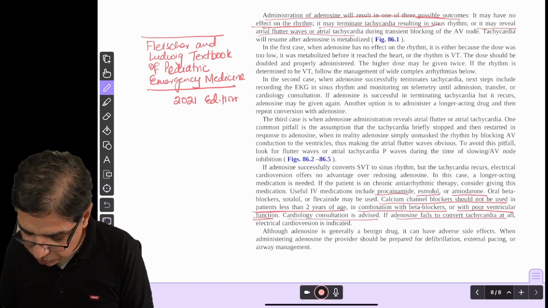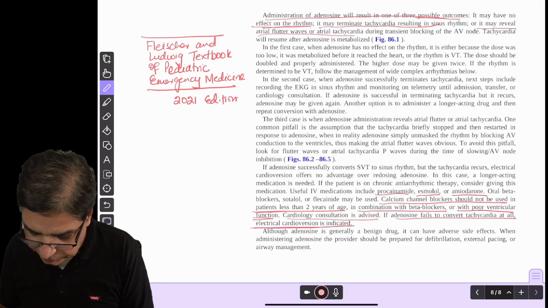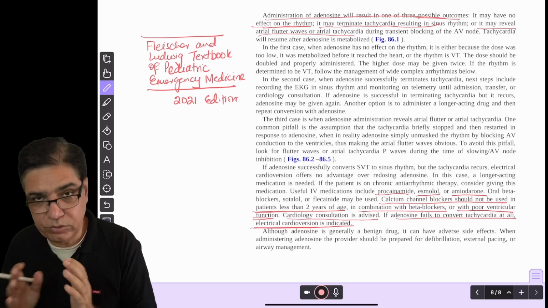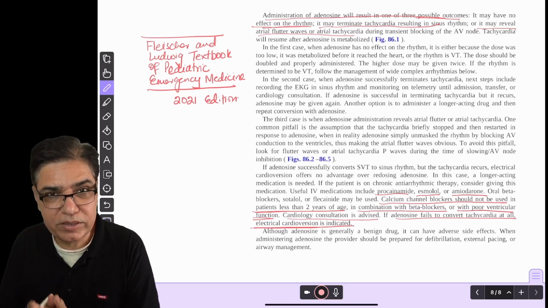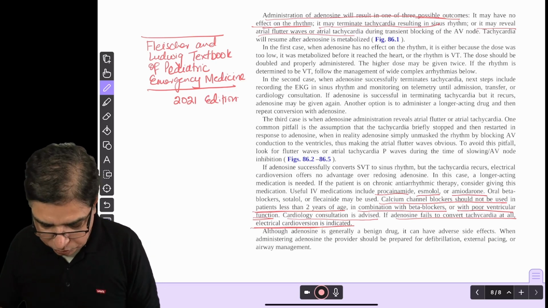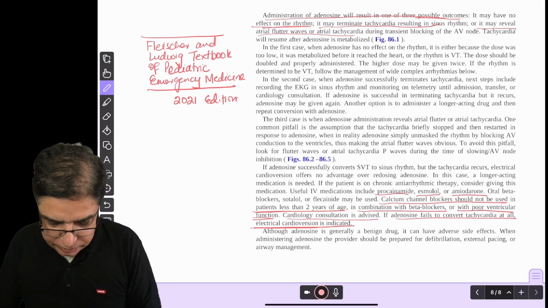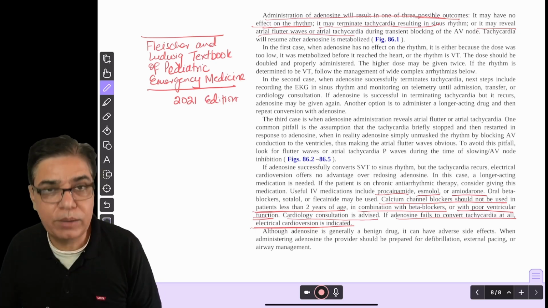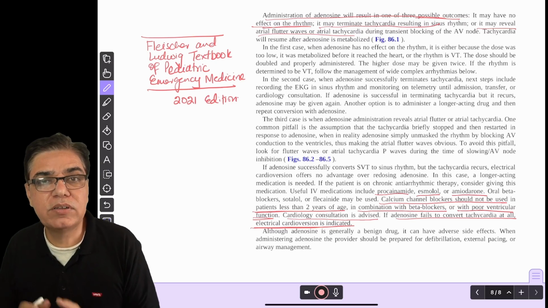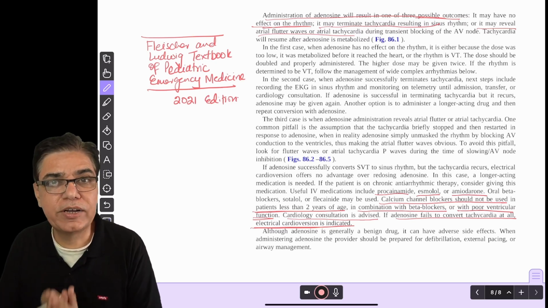If adenosine fails to convert the tachycardia at all, electrical cardioversion is indicated. So if you can't do it by chemical methods, then you have to use electrical methods. You have to do a synchronized electric cardioversion. So this is what the Fleischer and Ludwig Textbook of Pediatric Emergency Medicine recommends about treatment of supraventricular tachycardias.